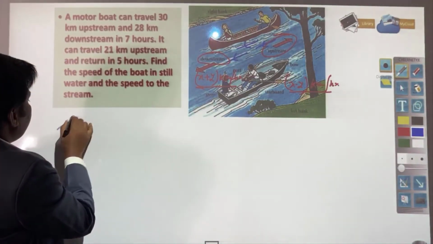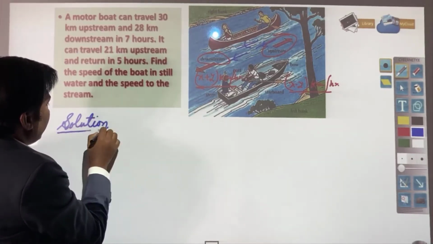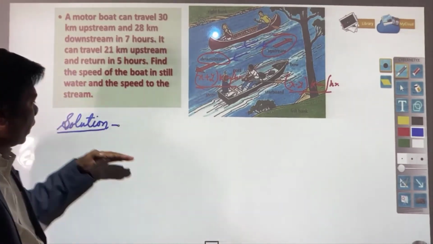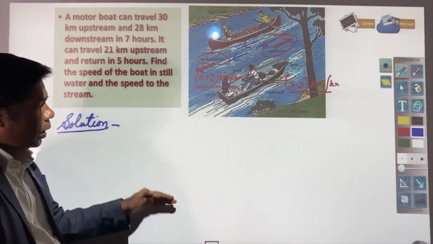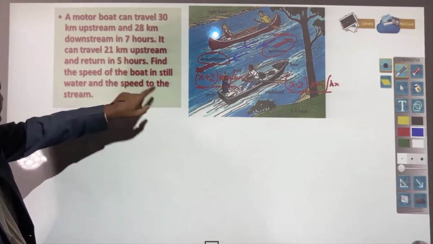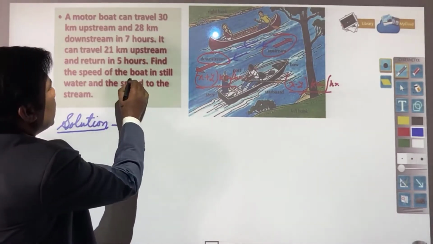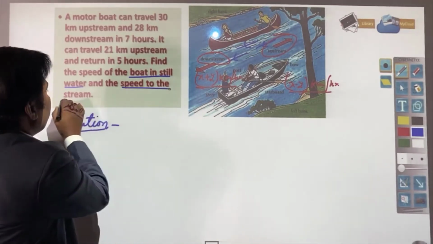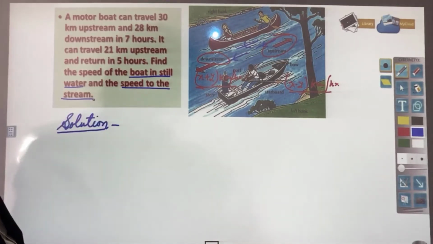Here again it is very important that when you write your answers in your answer sheet, your presentation should be very good, your writing should be good, and you must write in proper order by following proper steps. Here you need to find the speed of the boat in still water and the speed of the stream. So you have two variables, and this you need to assume.